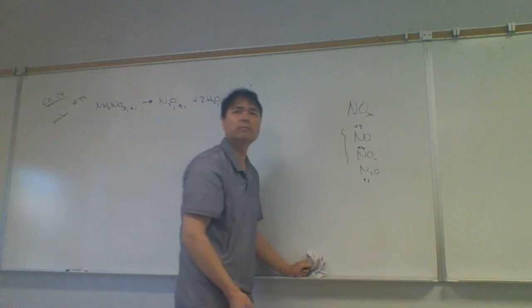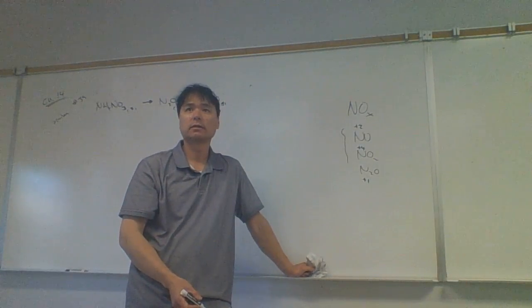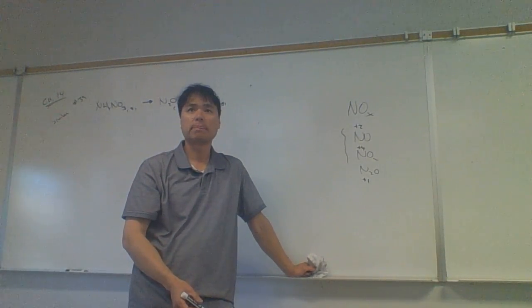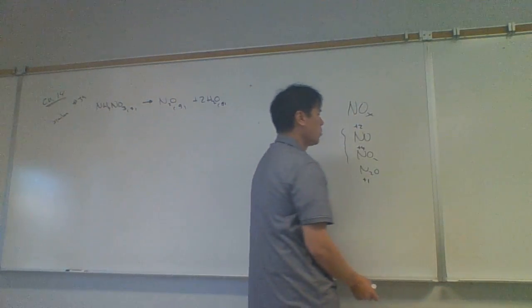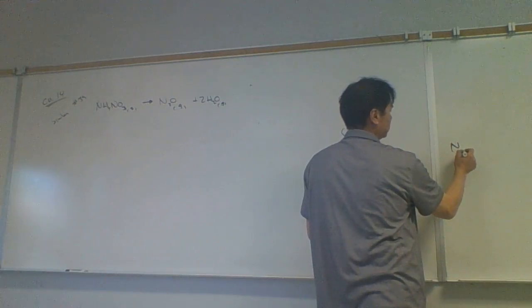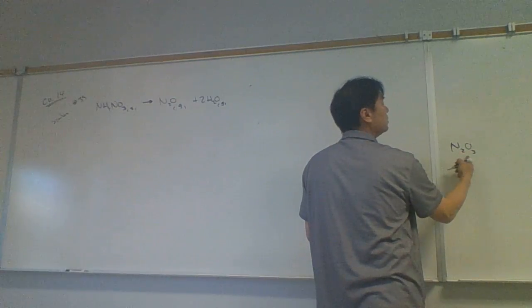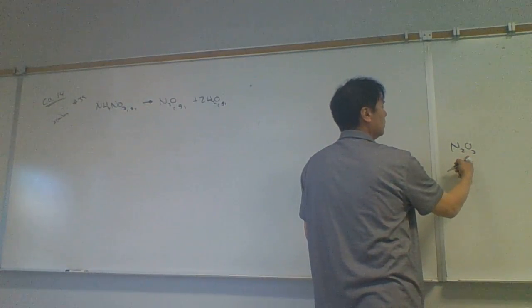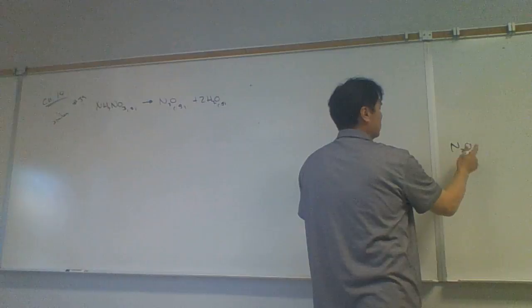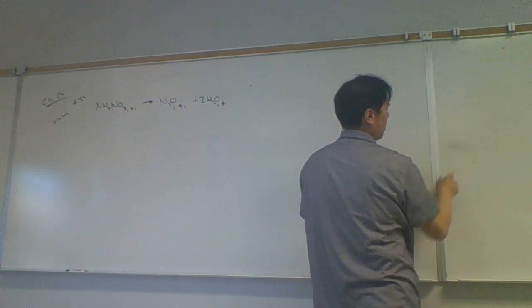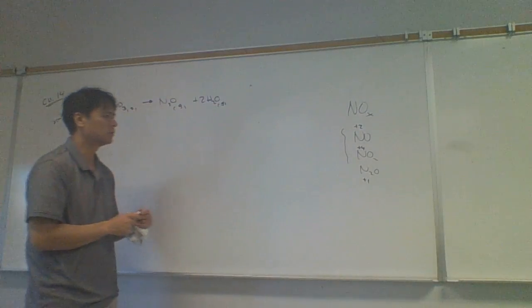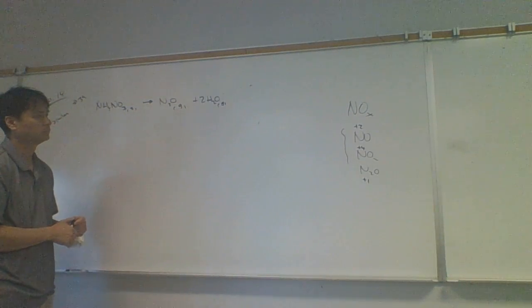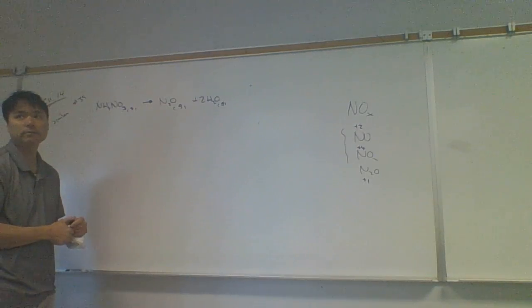We could go all the way to plus what? +5. Right? When nitrogen goes all the way to +5, that's 6, no, that's not it. We'd have some other ratio of nitrogen to oxygen to worry about. Did you say like nitrate? Nitrate's +5, yeah. Nitrate's +5.